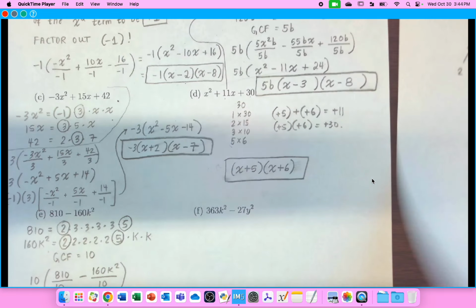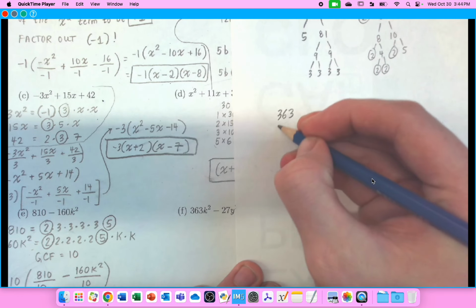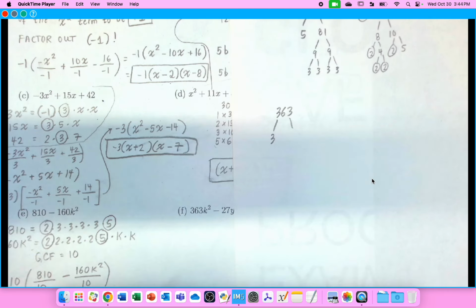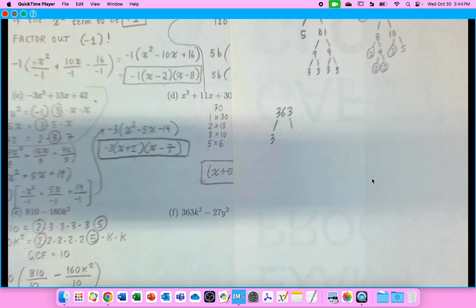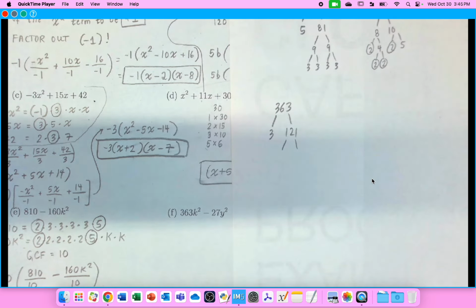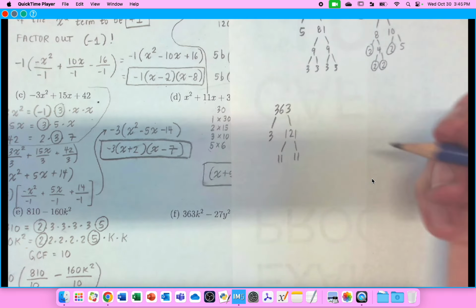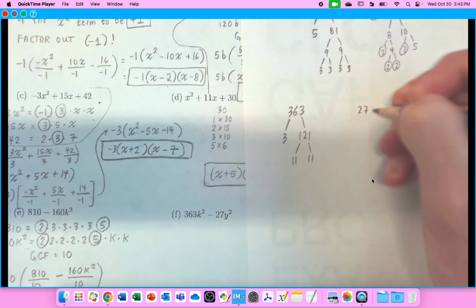Same thing over here. Let's just get our little greatest common factor, just for the sake of doing it totally clearly for whoever may watch this.